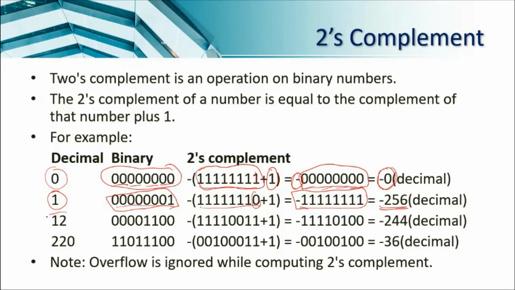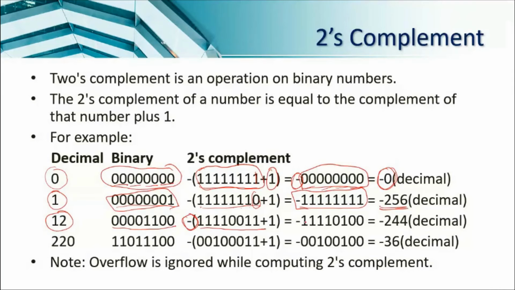Then 12. In binary it is 0, 0, 0, 0, 1, 1, 0, 0. Then we take the complement of this one, that is 1, 1, 1, 1, 0, 0, 1, 1. Then we add a plus 1 to it, and a minus is also inserted.